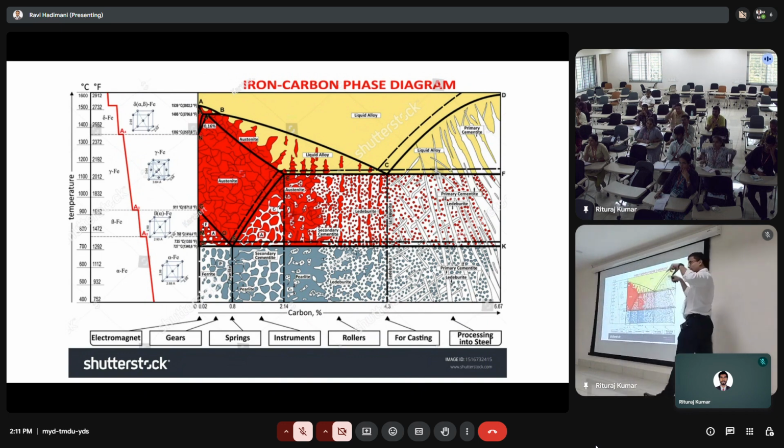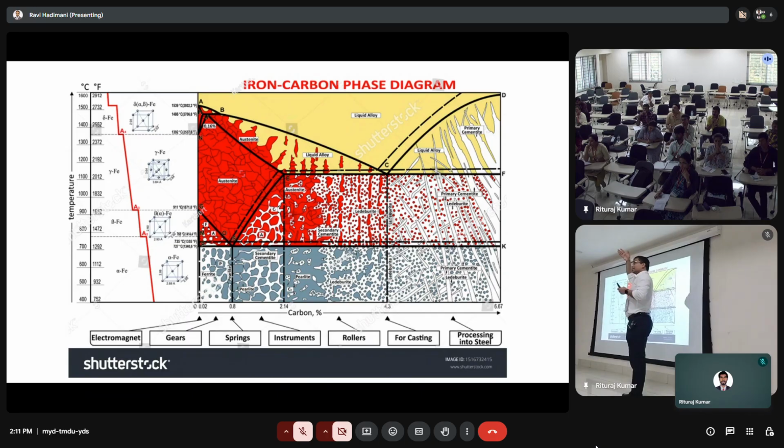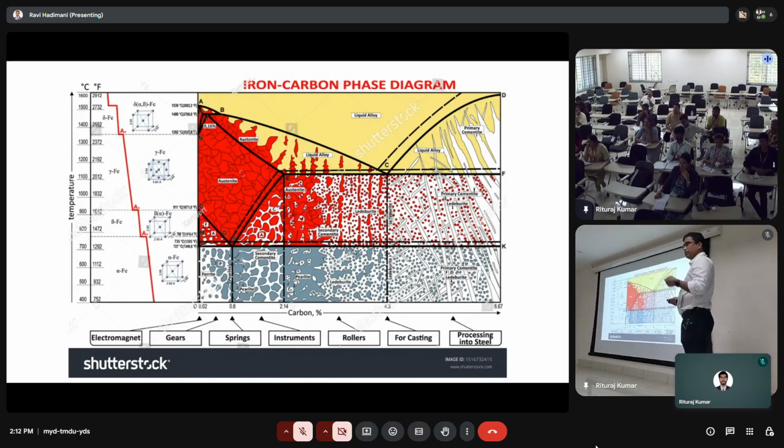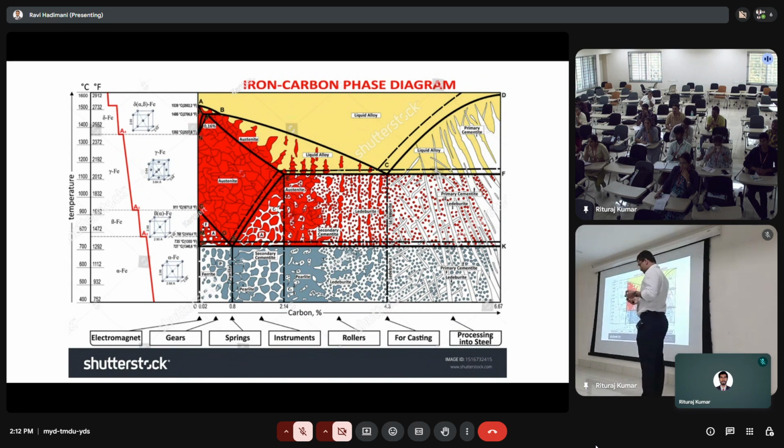I showed you in one of the slides how ductility increases as you go from martensite all the way to austenite, and the hardness increases from austenite to martensite, right? But if you take a martensite and anneal it, you may change its microstructure, and hence you can change its properties as well.